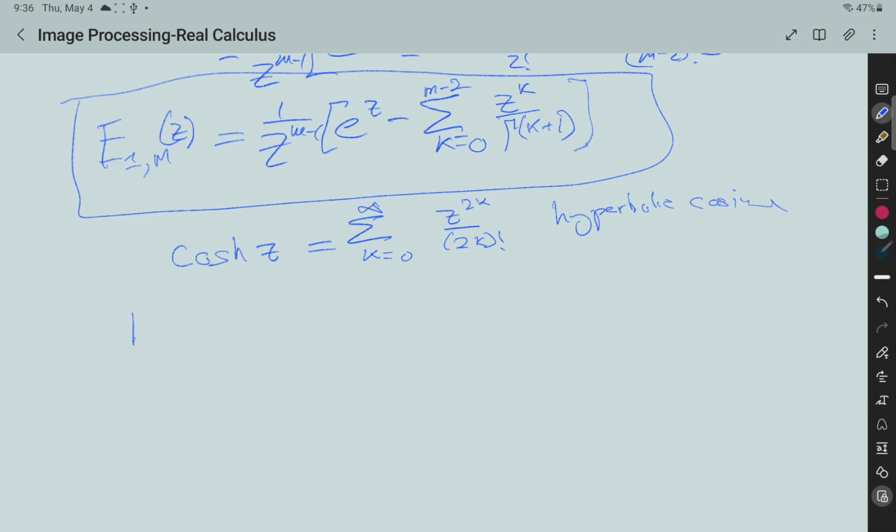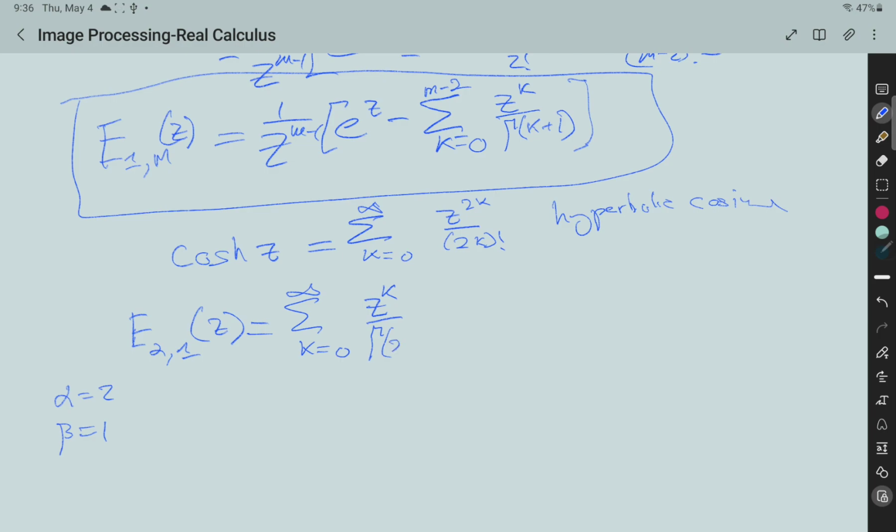How about E with 2 and 1? So alpha is equal to 2 and beta is equal to 1, and then z. Let's see here. It's k going from 0 to infinity, then I have my z to the k power, divided by gamma of alpha times k plus beta.